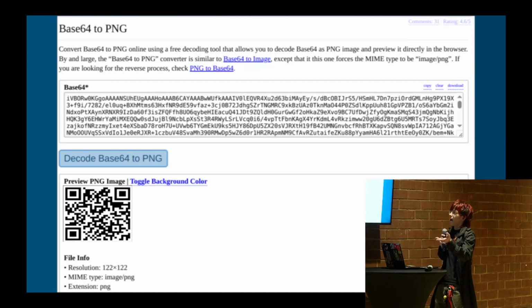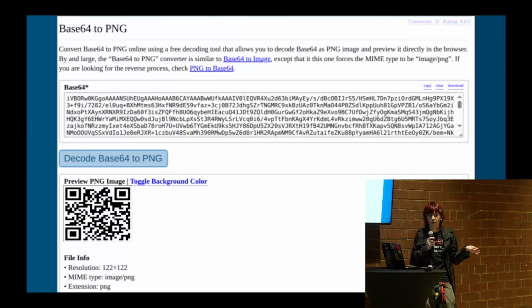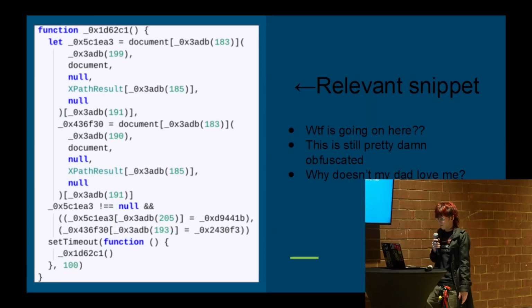And so if we convert it to a PNG, we get a QR code. And there we go, bada bing, bada boom. We see another QR code, which is overlaid on top of the real QR code, which is pretty interesting.